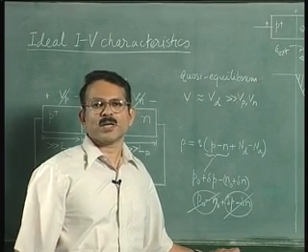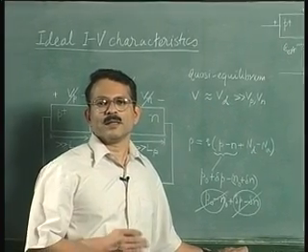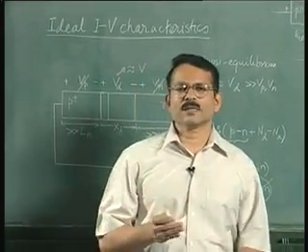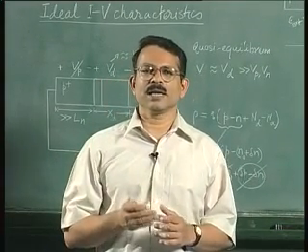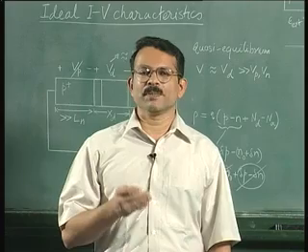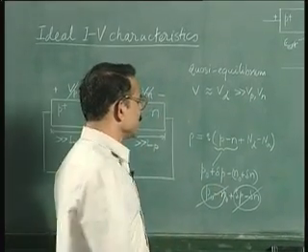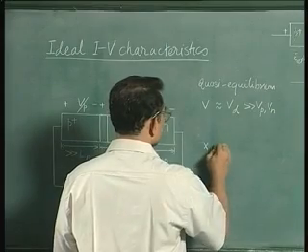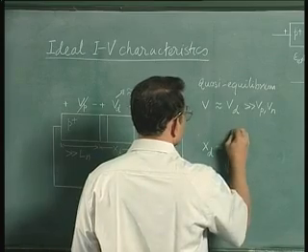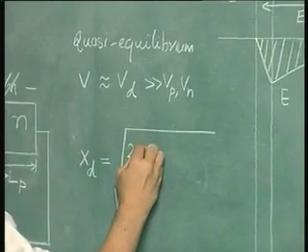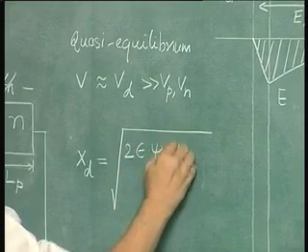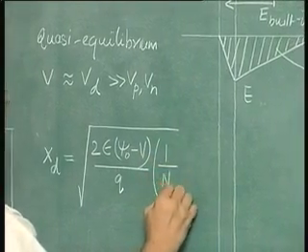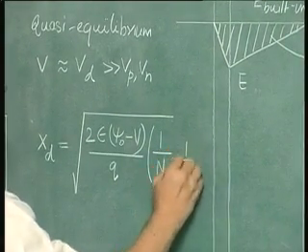Now we can determine the new depletion width, assuming this voltage drop and the depletion approximation, and the formula for this will be exactly the same as that we have written under equilibrium conditions, except that the built-in voltage psi naught should be replaced by psi naught minus V. So if you do that exercise, our depletion width expression would be xd is equal to square root of 2 epsilon into psi naught minus V upon q into 1 by Na plus 1 by Nd.